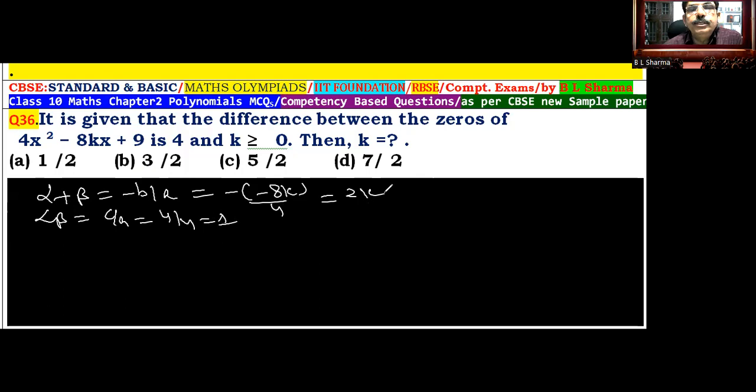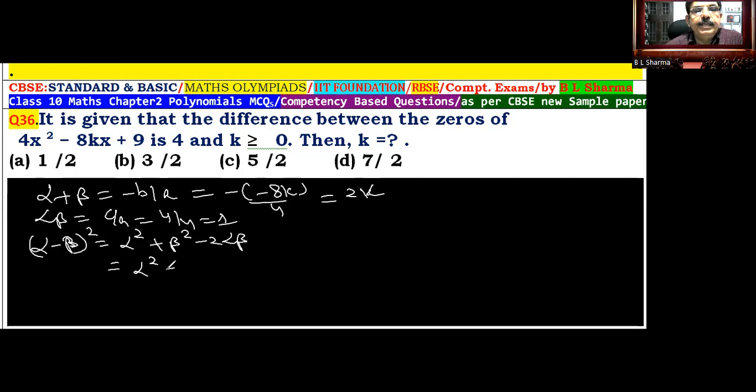Means the sum of zeros is 2k, the product of zeros is 1, and we know using the identity that alpha minus beta whole square is alpha square plus beta square minus 2 alpha beta.